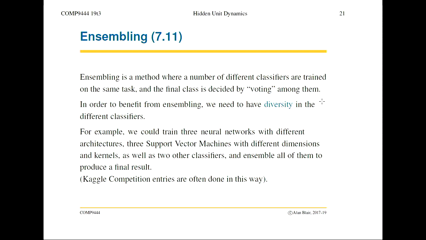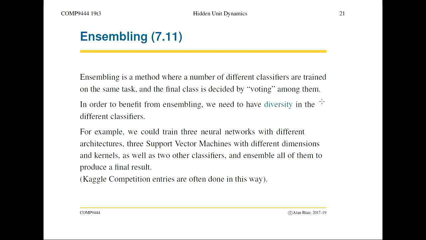So you may train three different neural networks with different numbers of hidden nodes. There's another thing called support vector machines. So you may train a couple of support vector machines with different kernel functions. So you've got 3 neural networks and 2 SVMs.